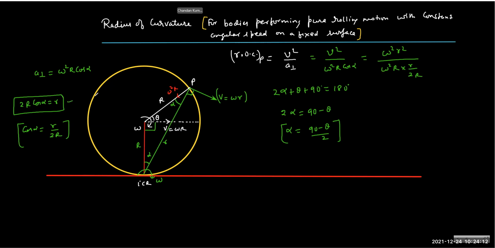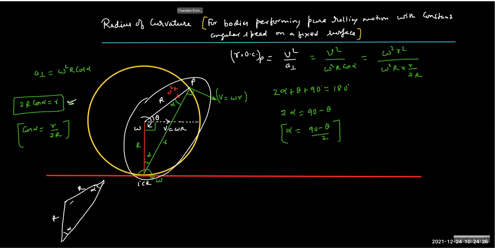You are asking about this relation. Yes. So if you look at this triangle, one side, two side, third side, alpha, alpha, r, r, drop a perpendicular. How much is this? Oh, okay, sir. So 2r cos alpha equals r. Now it's clear.